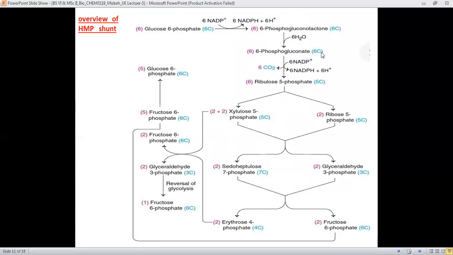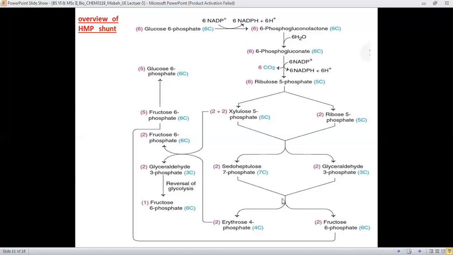Further, there is formation of the 6-phosphogluconate, 6 carbon. Removal of the hydrogens and one carbon dioxide molecule results in the formation of ribulose 5-phosphate, which by the action of the isomerases, epimerases, and ketoisomerase enzymes results in the formation of xylulose 5-phosphate and ribose, which after interconversion are 5 carbon, and again the transfer of the carbon units results in the formation of 7 carbon and 3 carbons.